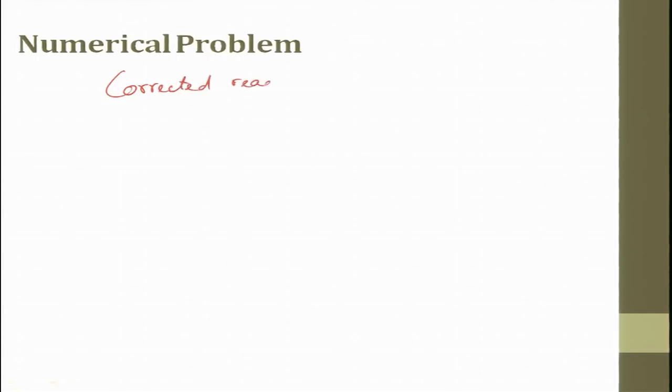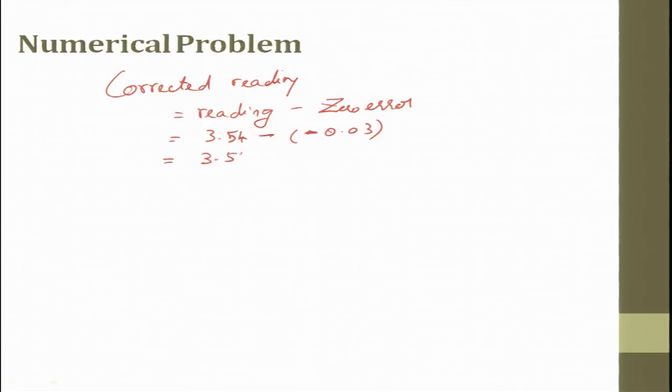Now, because we said there is an error, the corrected reading is equal to reading minus the zero error, which is nothing but 3.54 minus minus 0.03, which is 3.54 plus 0.03, which is 3.57 centimeters.